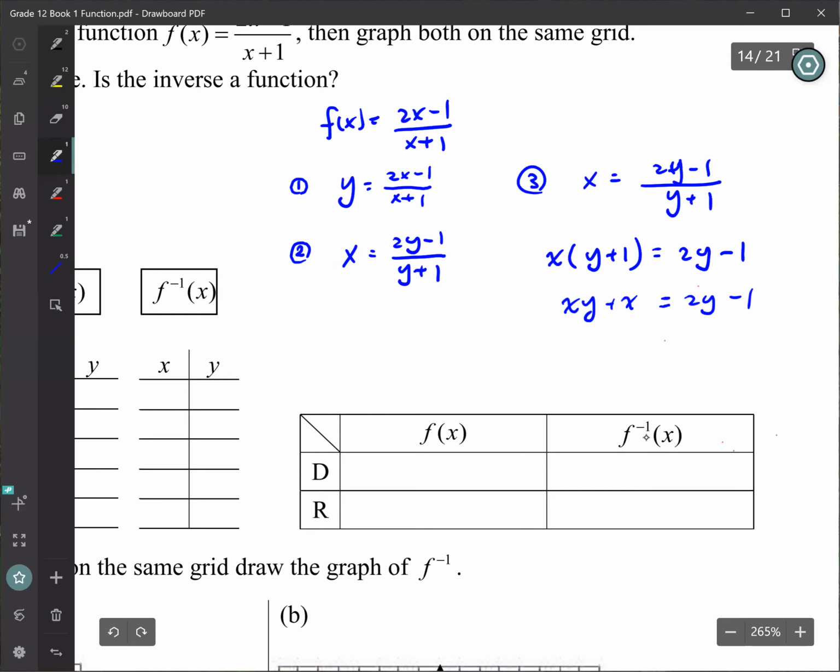Don't forget your goal. Your goal is to isolate y, right? So we need to have the y on one side. So what do you think we should do next? Add 1. What does that do? The other y on the other side.